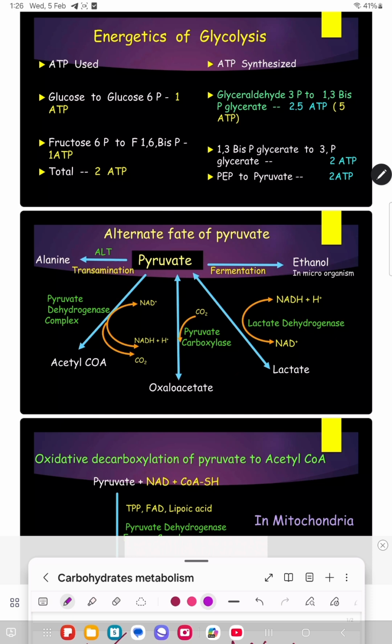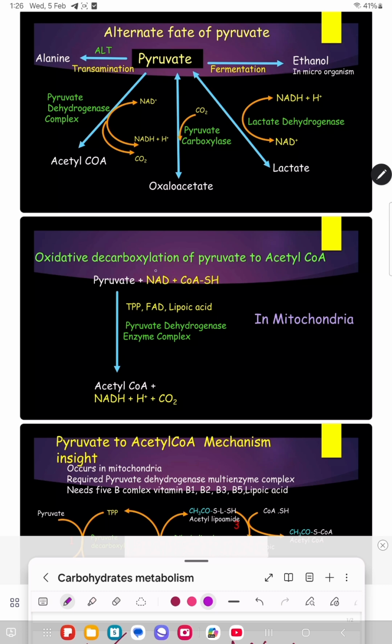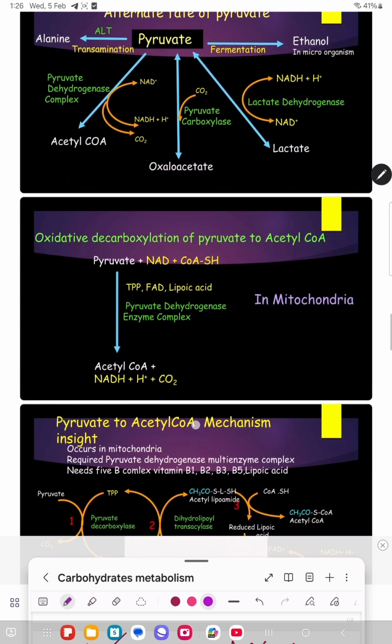Okay, so here you see the third one, NADH will be converted to NAD, pyruvate will be converted to lactate, and this step is also known as anaerobic glycolysis. Okay, so oxidative decarboxylation of pyruvate to acetyl CoA, please leave this.